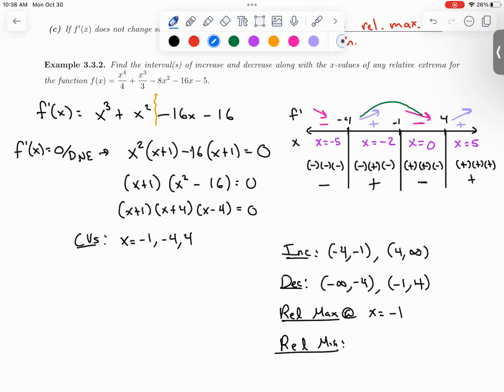Whereas we see at 4, we've got a valley, and at -4, we've got a valley. So we have a relative min at x equals -4 and 4. And so that is the answer to this question.